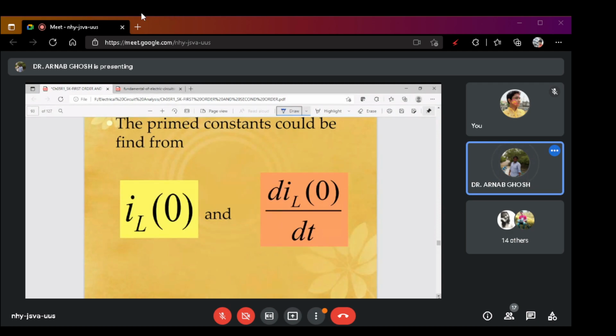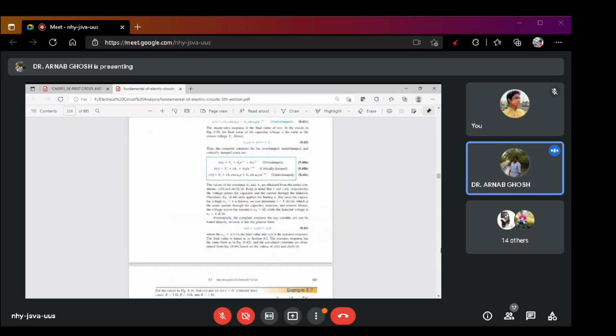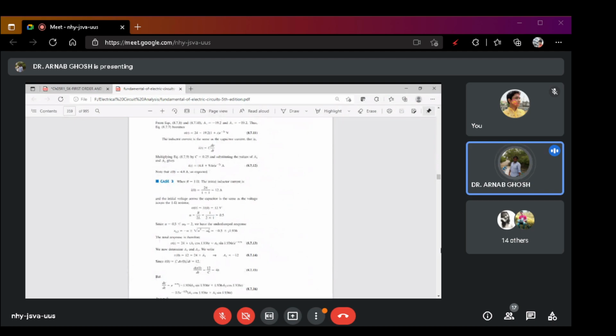So you have to calculate IL0 and dIL0 by dt. Same thing. For natural response you did with V, for forced response you will do with a voltage source. See, I will just show you a problem, then you can understand it better.